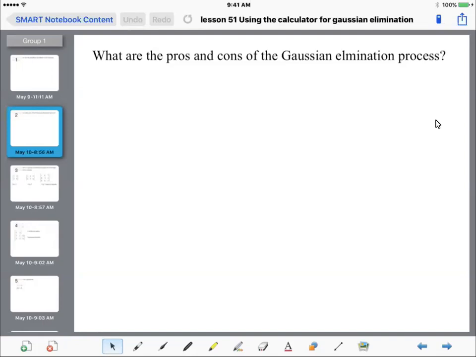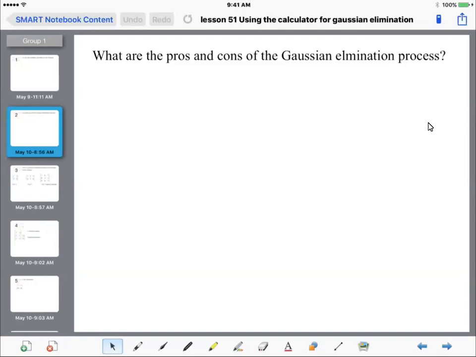In this one, the 5-step process, and this might be what Talia was getting at, is going to be just do this, do this, do this. You could program a computer to do it, and it's always the same steps. There's hardly any decisions to make. Although we did see that if you want to avoid fractions, you could swap 2 rows or things like that. But in general, there's not that many decisions to make when you're doing it.